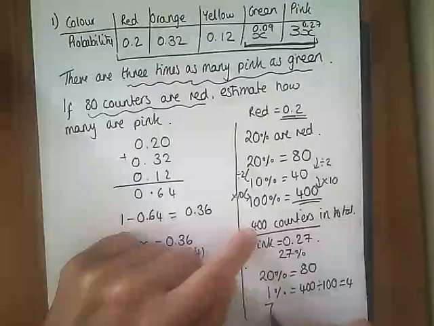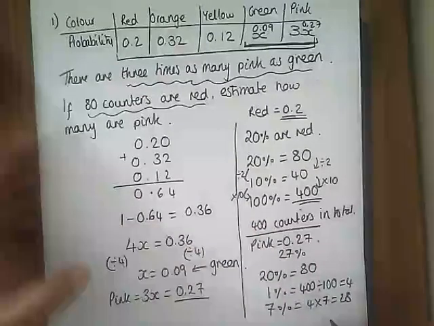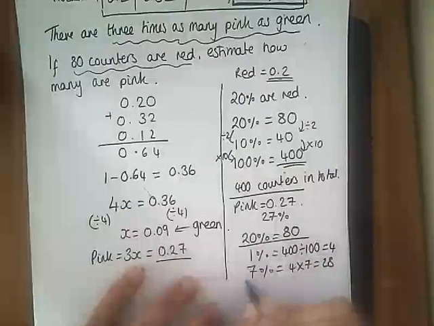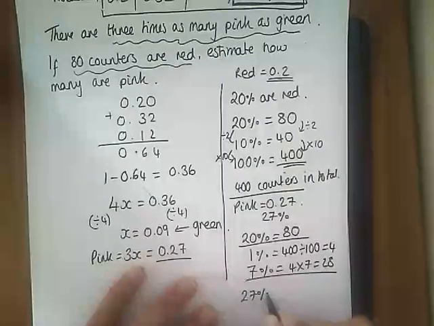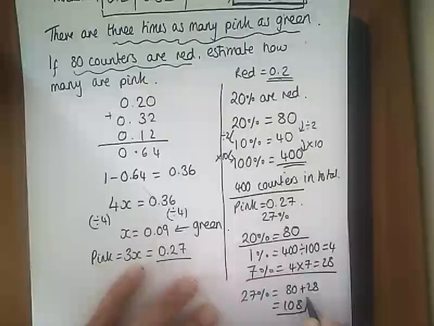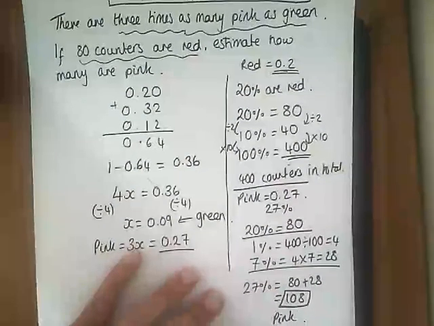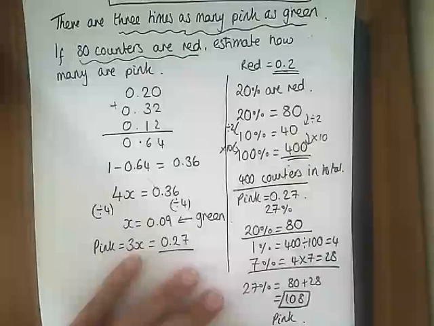So that means 7% is 4 times 7, which is 28. So 27% is adding those 2 numbers up. So 80 plus 28 is going to be 108. So how many pink counters do we expect? We expect there to be 108.